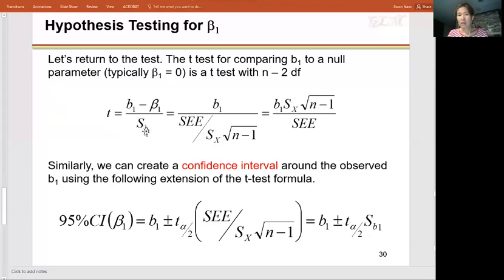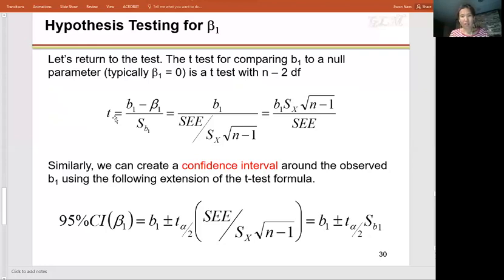The standard error is converted this way, and this part becomes the numerator. If the t statistic is high, you are likely to reject the null hypothesis. So the p-value and t statistic are still connected to each other.